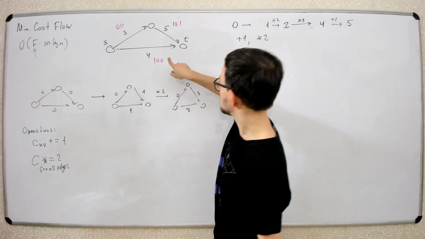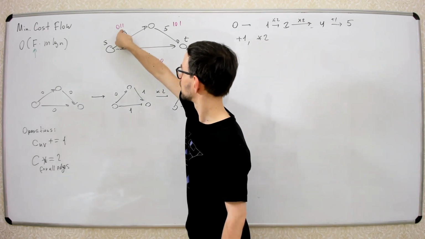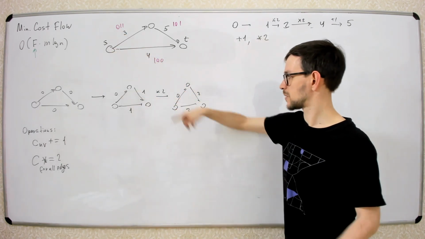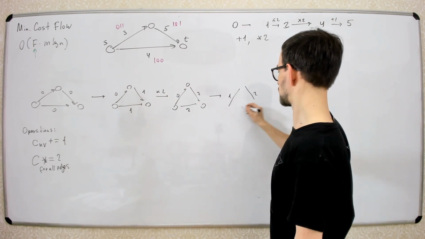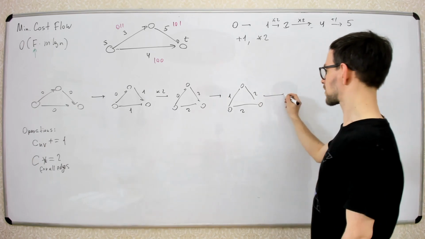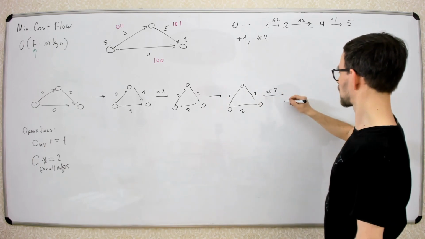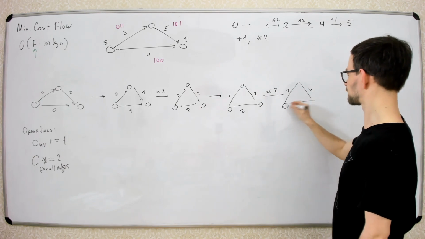Now I need to set the second digit. I need to set second digit only here. So I increase this element by 1. So we have 1, 2, and 2. And then again multiply everything by 2. 2, 4, and 4.